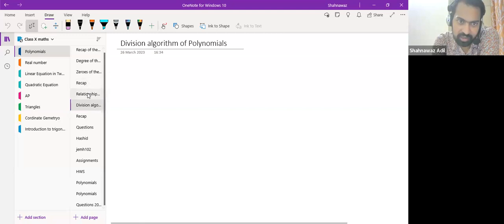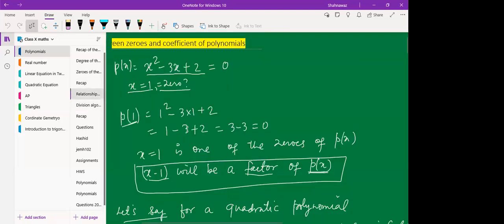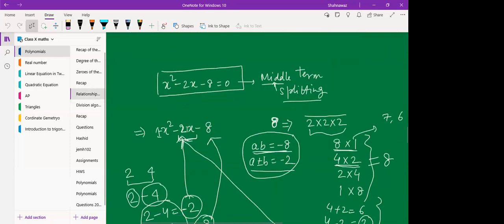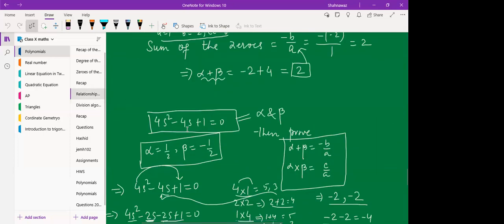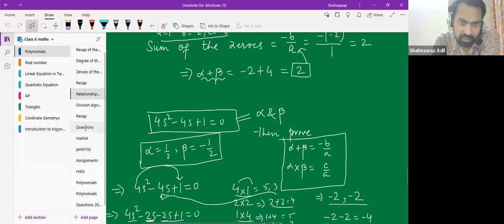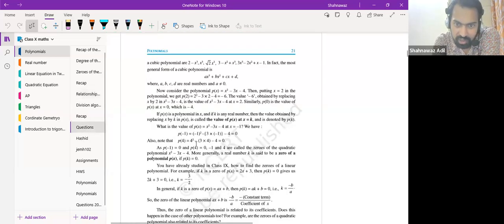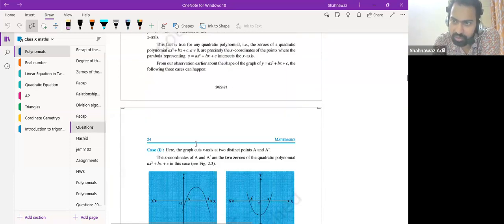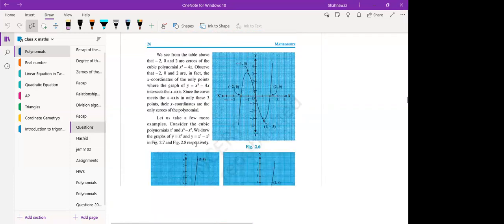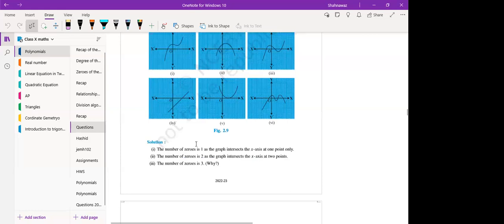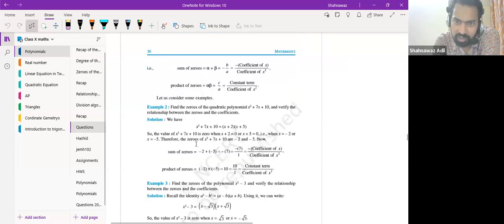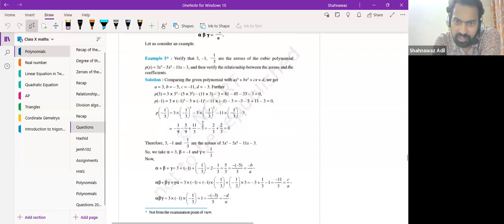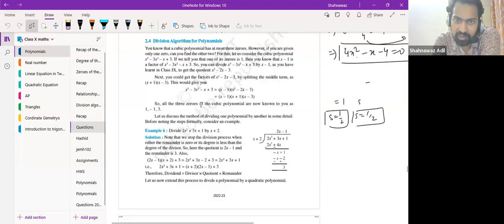This is based on a previous book, the 22 and 23 syllabus, where we had the division algorithm.